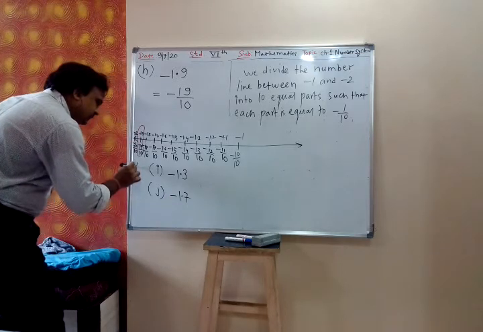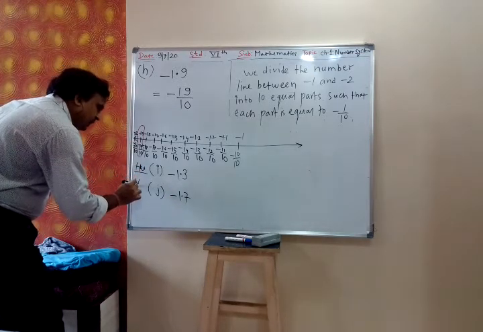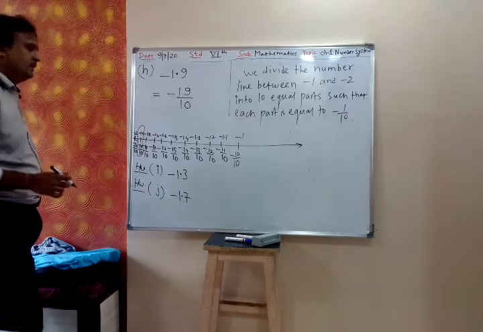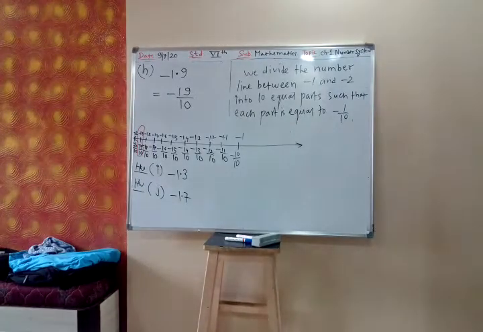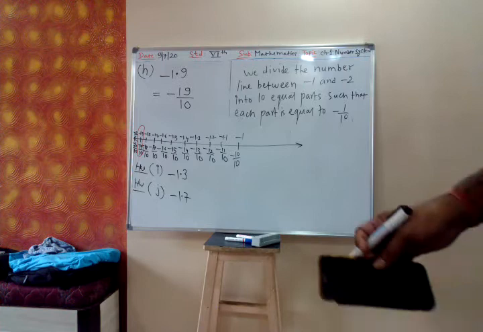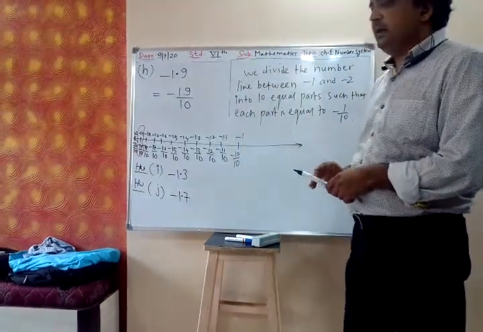So both I am giving as homework. I is minus 1.3 and J is minus 1.7.